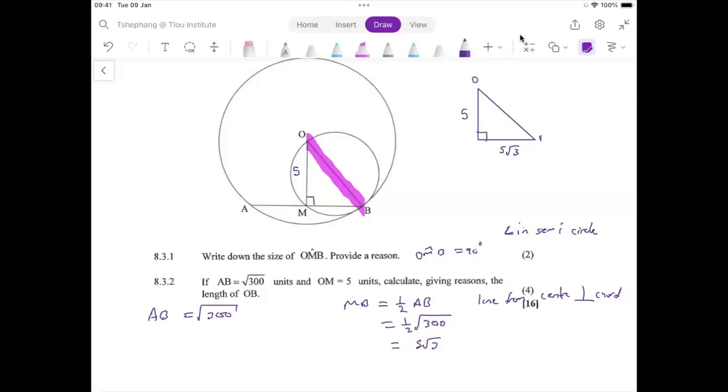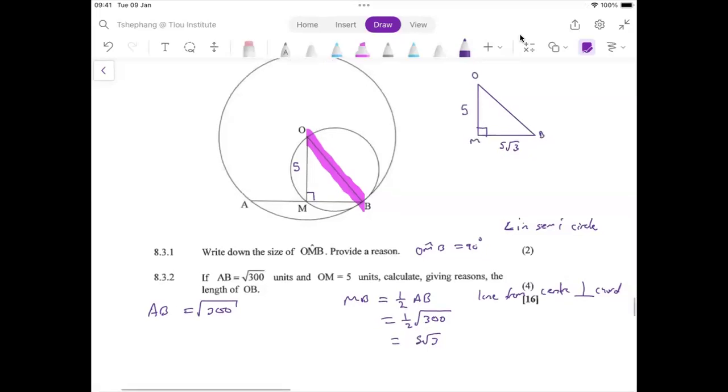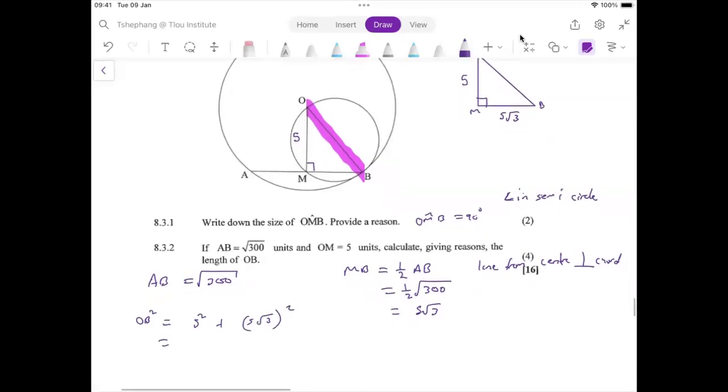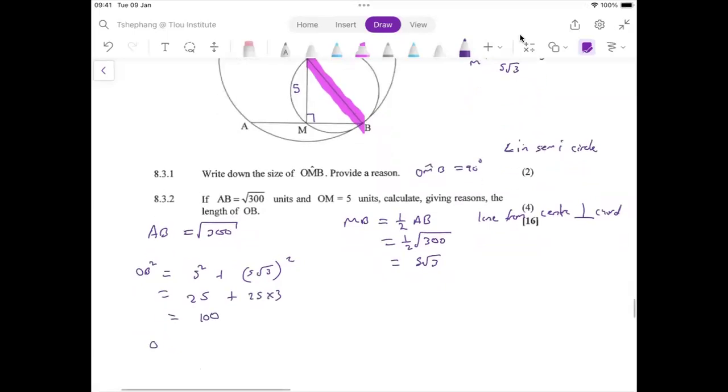This is O, B, and M. I can simply say OB squared is equal to 5 squared plus 5 root 3 all squared. 25 plus 75. OB is equal to 10 units.